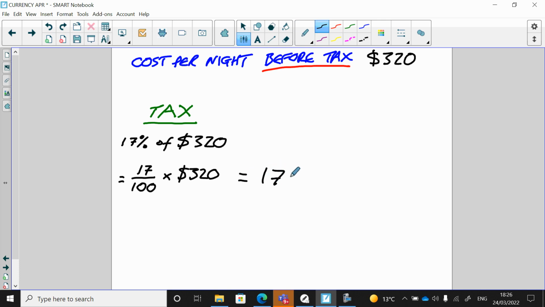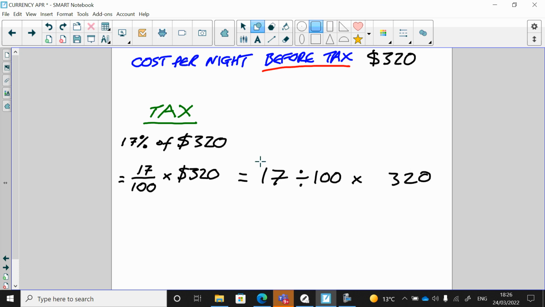You can put that in your calculator like that. I'm not putting a dollar sign there because that's what you're going to put in your calculator. You just put in 17 divided by 100 times 320.